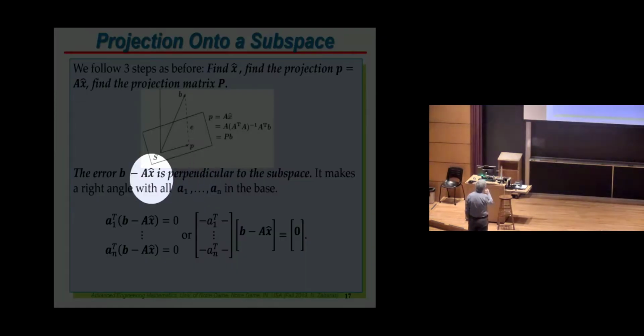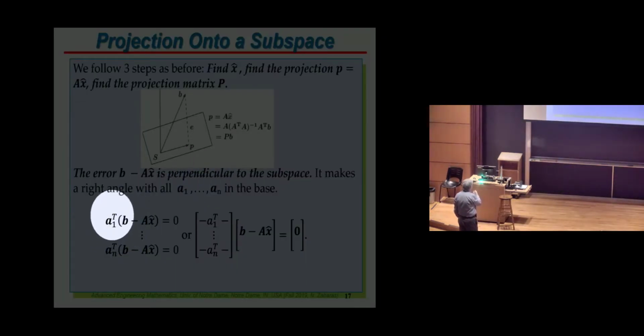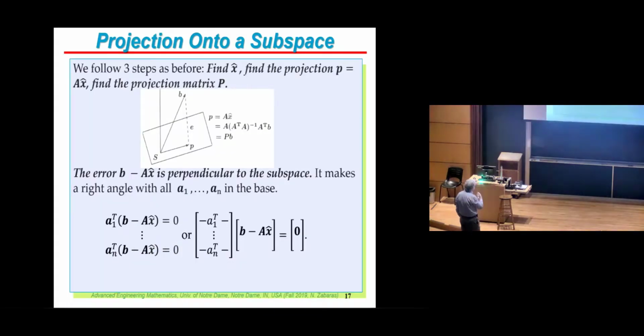Effectively, if A1 is one column vector, AN another one, I need A1 transpose (B minus A x hat) to be 0, etc., AN transpose (B minus A x hat) equal to 0. You agree? The error B minus A x hat has to be orthogonal to every basis vector in that subspace. Right?